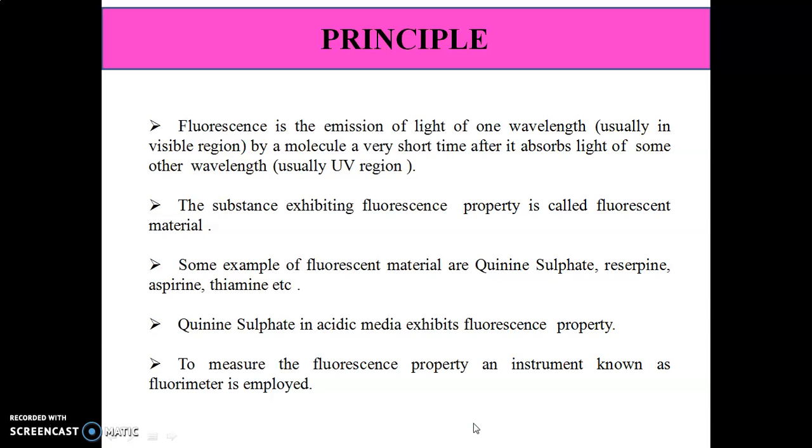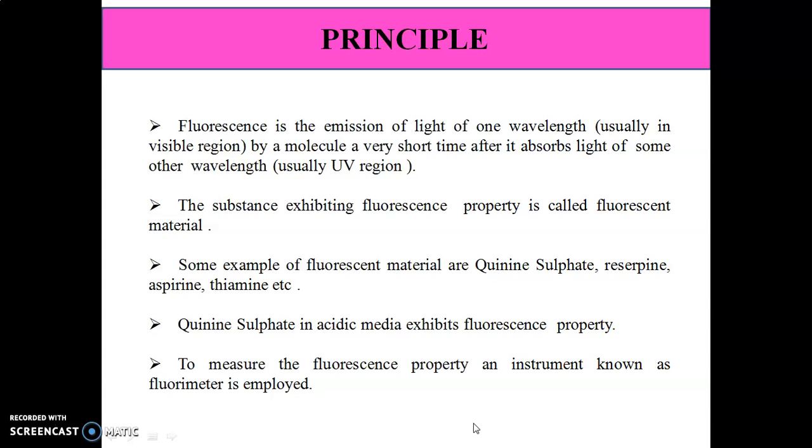However, a number of important substances are also known which lose only part of this excess energy as heat and emit the remaining energy as electromagnetic radiation of a wavelength longer than that absorbed.